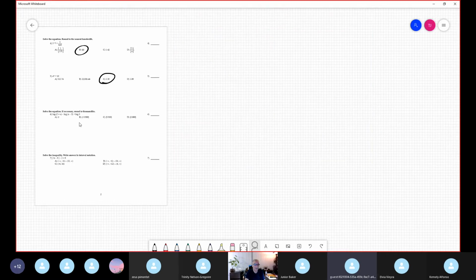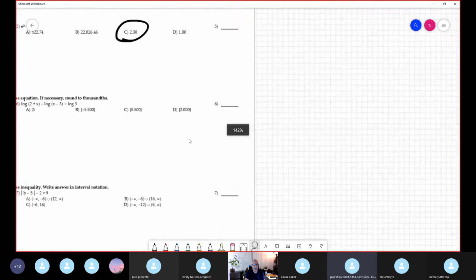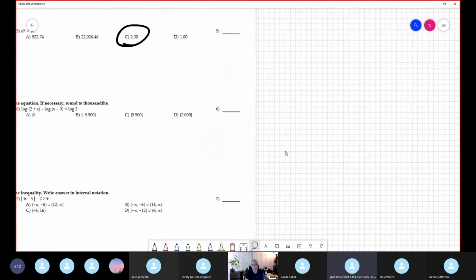Okay, next is easy. It's a logarithmic equation, similar to the thing we're doing now. But it's easy because, look, you have logarithm of 2 plus x minus logarithm of x minus 3 is equal to logarithm of 3.